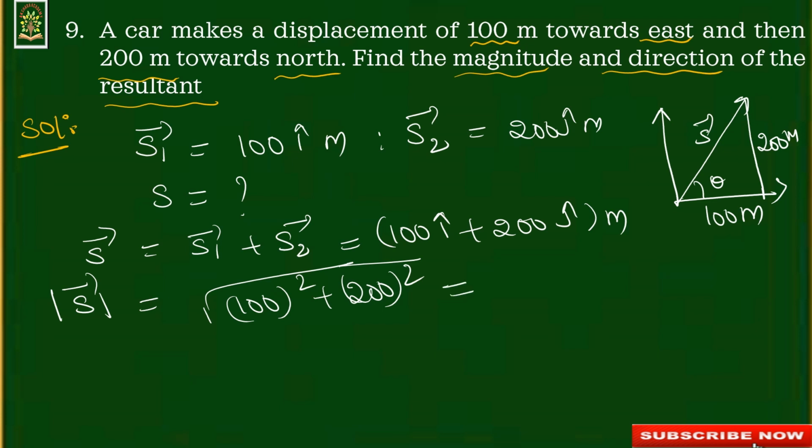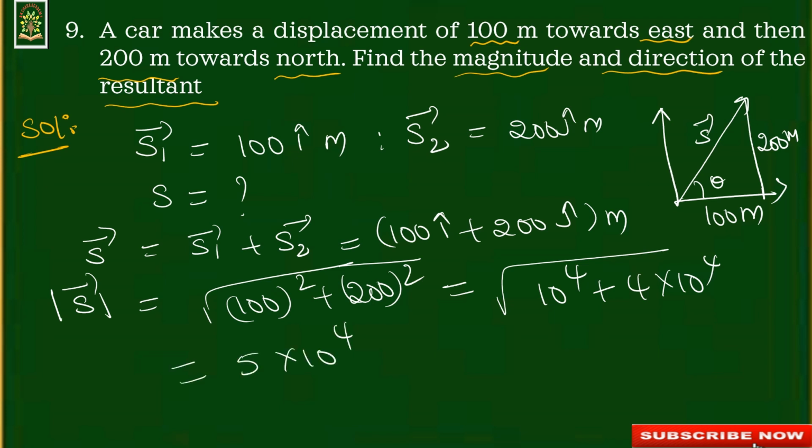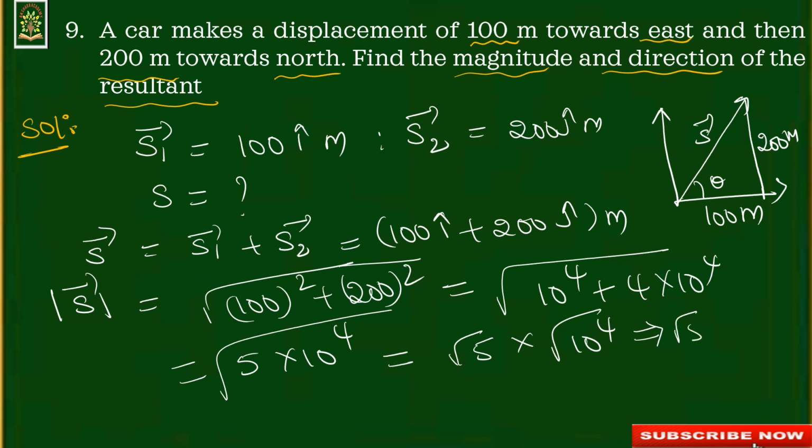This can be written as 100 whole square, nothing but 10 to the power of 4, and 200 whole square, nothing but 4 into 10 to the power of 4. So that is equal to 5 into 10 to the power of 4. This can be written as root 5 into root 10 to the power of 4, nothing but 10 square whole square.